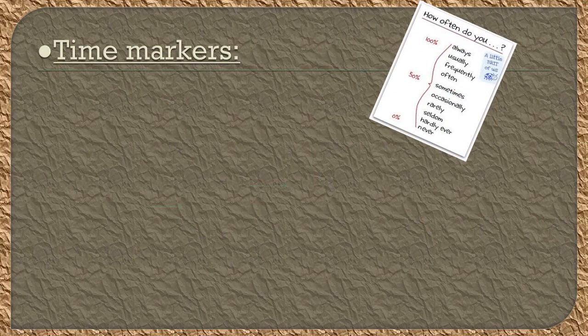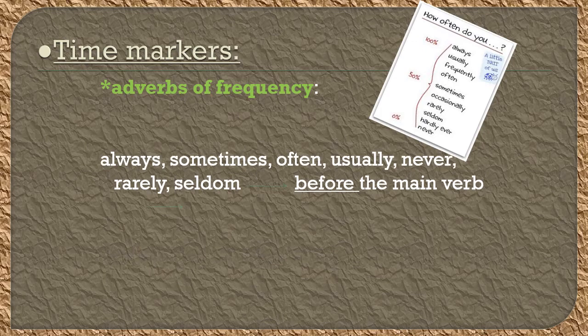Time markers. How often do we use always, usually, frequently, often, sometimes, occasionally, never? These are adverbs of frequency: always, sometimes, often, usually, never, rarely, seldom.